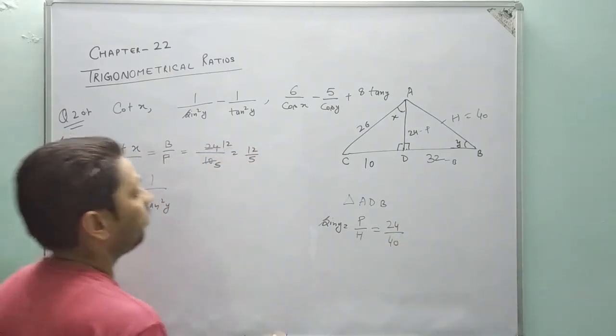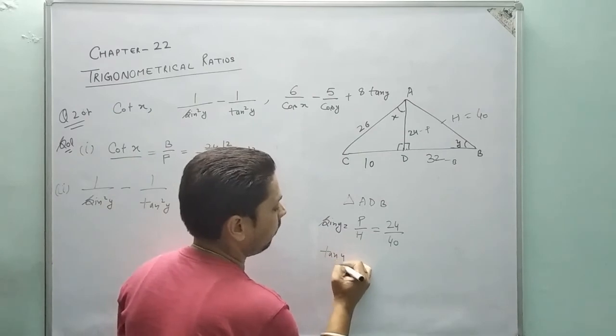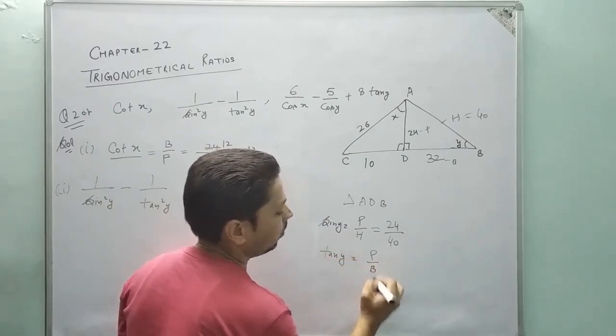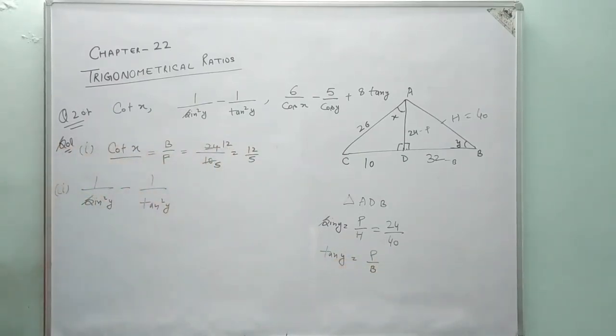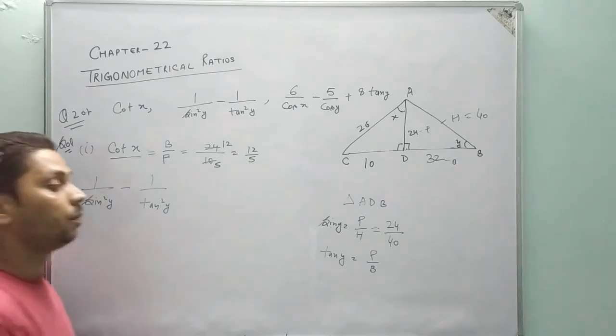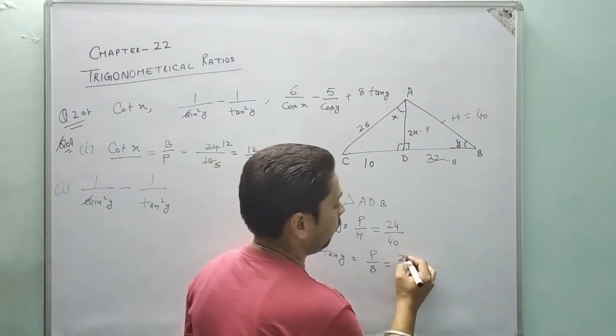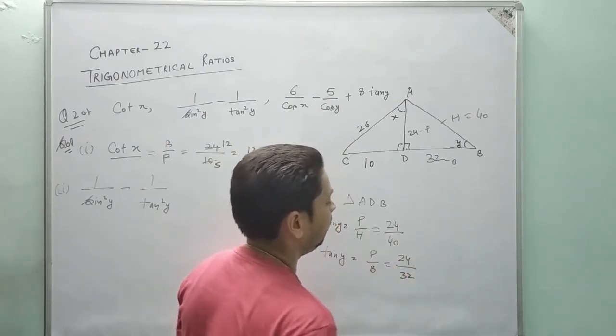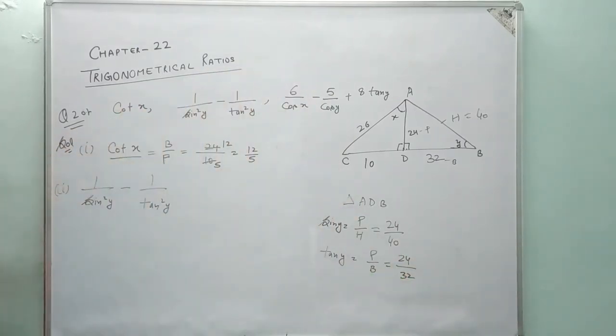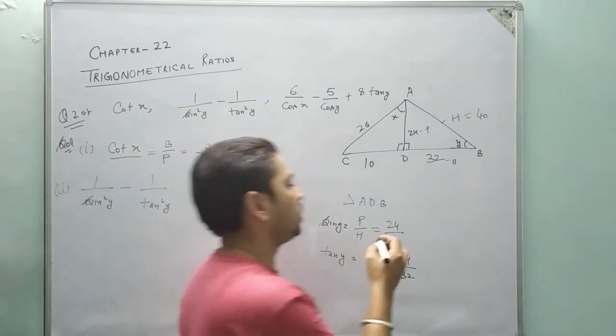Similarly, we have tan of y. Tan of y is equal to perpendicular upon base. So perpendicular is 24 and base is 32. Substitute this value here. You can reduce the terms.